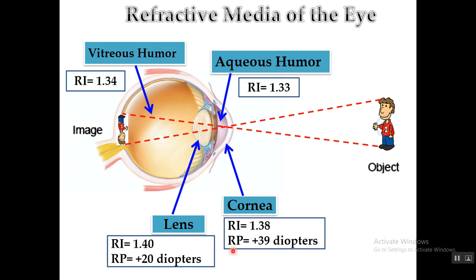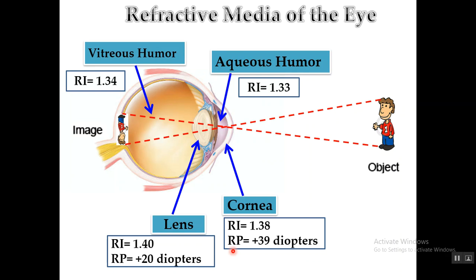So the total refractive power of the eye is plus 59 diopters. So our eye acts as a convex lens with a refractive power of plus 59 diopters. This is the refractive power.